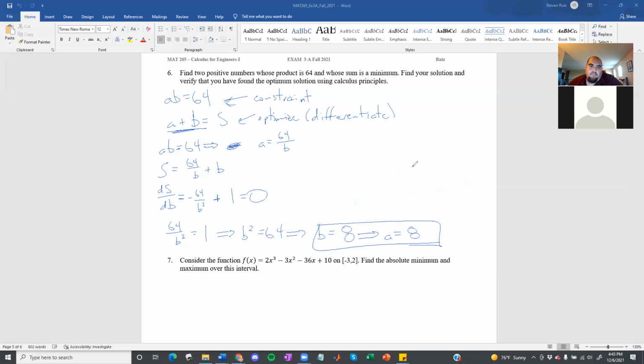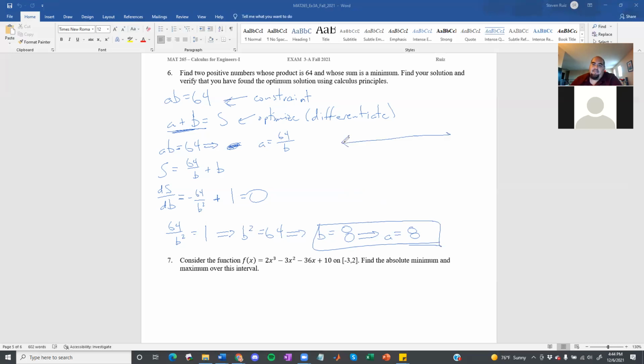I don't know how you can exactly prove that. So we found this is an extreme. It could either be a minimum or a maximum. But how can we show which one it is? I don't remember.